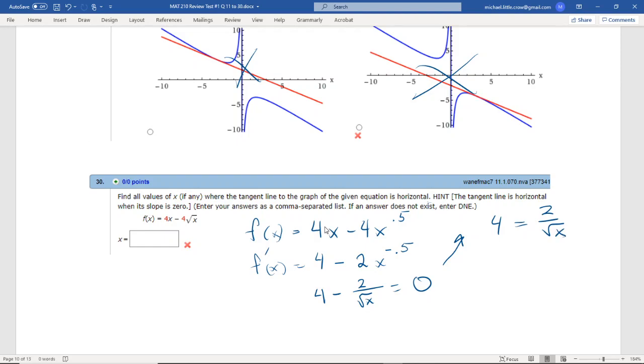So it becomes positive on this side. We add it to 0. And then what I like to do, since we've got 2 fractions equal to each other, we can cross multiply. So we get 4 square root of x equals 1 times 2 is 2. Divide both sides by 4. Okay, square root of x right there.